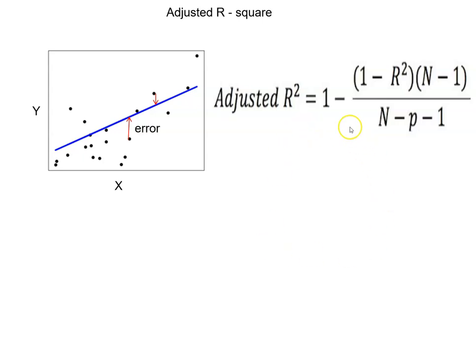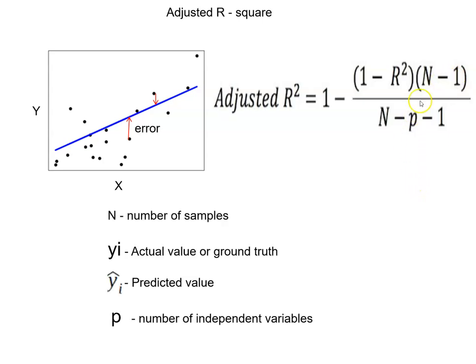The formula for adjusted R square is 1 minus a factor, and that factor has 1 minus R square, the R square that we just calculated, multiplied by n minus 1. Now this n is the number of samples in the test data on which we are applying the adjusted R square, and this is divided by n minus p minus 1.